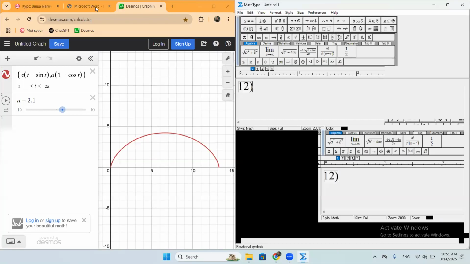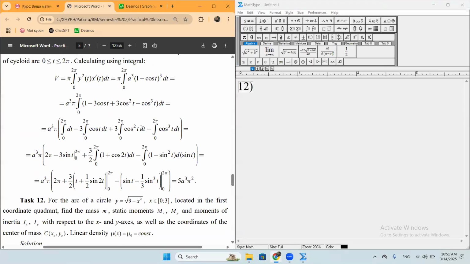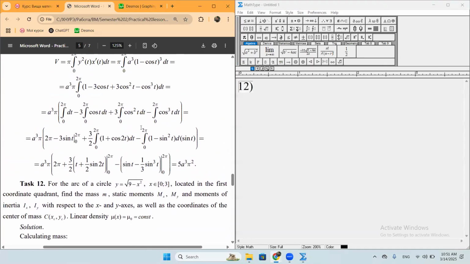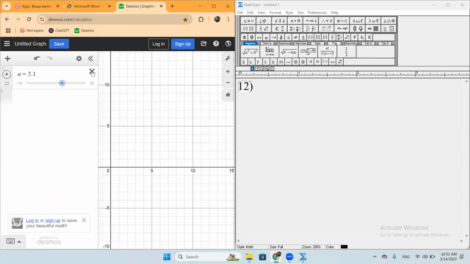It is about, so I'm not sure that we will have time to calculate everything, but we have the arc of circle, so square root of 9 minus x square.